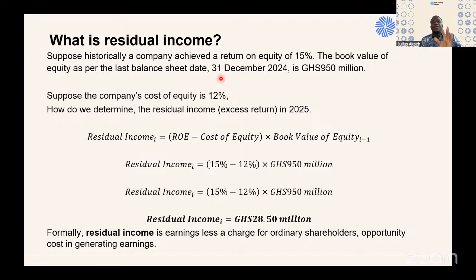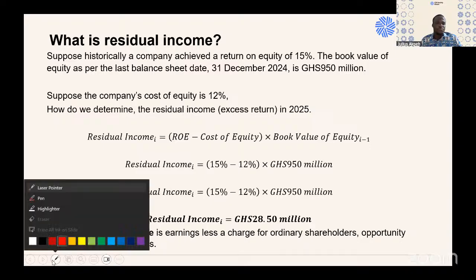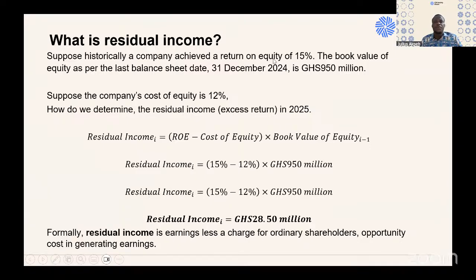For the purpose of argument, let's just say that they achieve that return on equity of 15% on average every year. Let's just say it's flat, 15%. And we are in 2025, right?